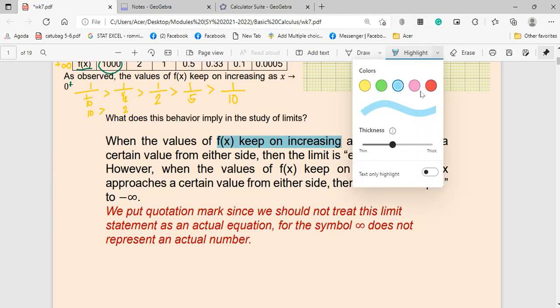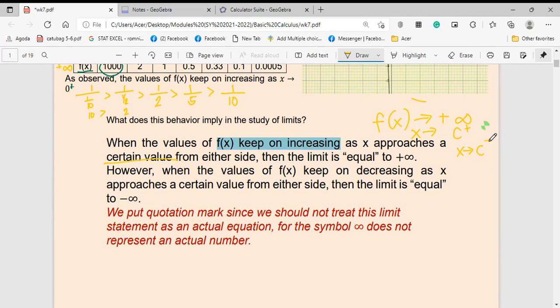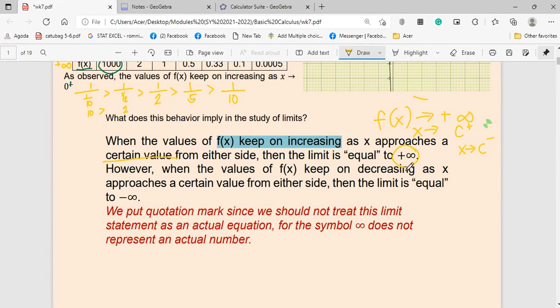So ito ang sinasabi natin, ang f of x ay tuloy-tuloy lang siya sa pag-increase, habang ang x ay nilalapitan niya ang certain value. Let's say that certain value is represented by c from either side. Let's say for example, it approaches c from the left, or approaches c from the right, and the limit is equal to positive infinity.